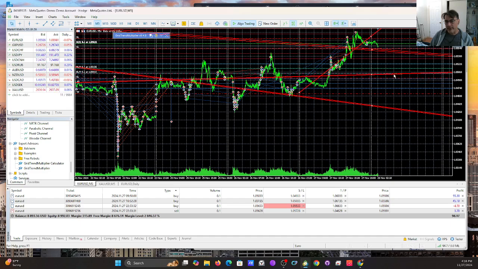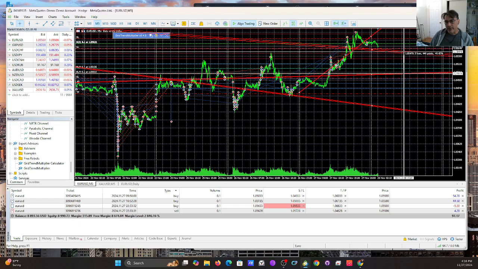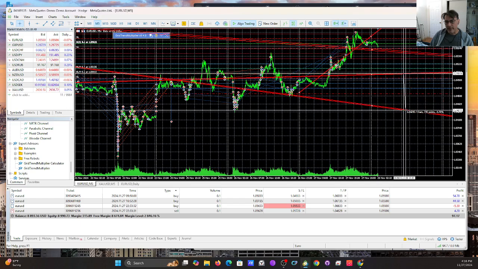And if it gets under this trend line, then this is definitely, for the rest of the day, a risk region and a reward region, with this as the target.